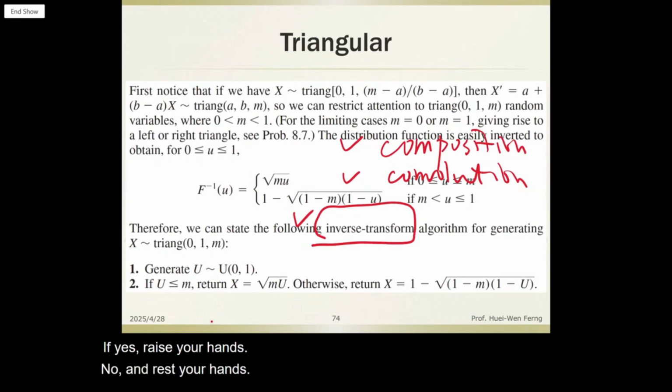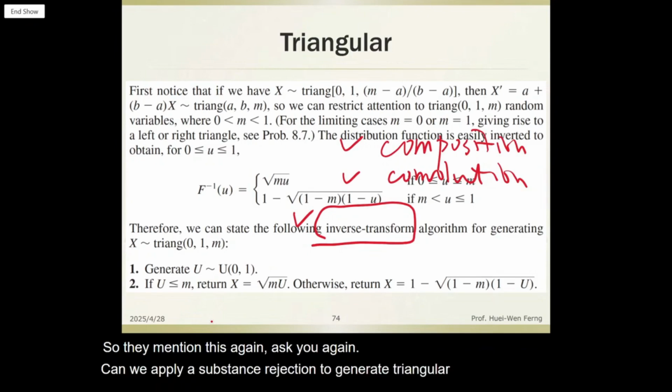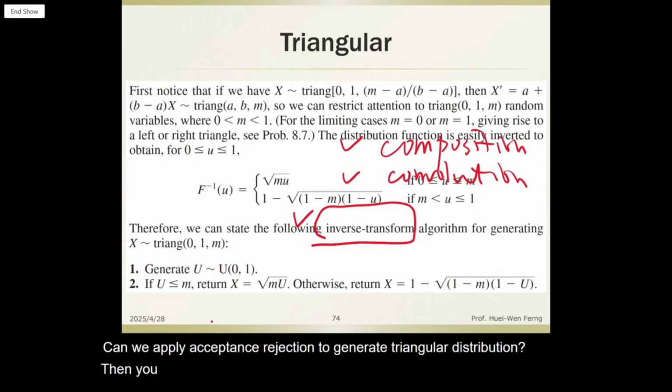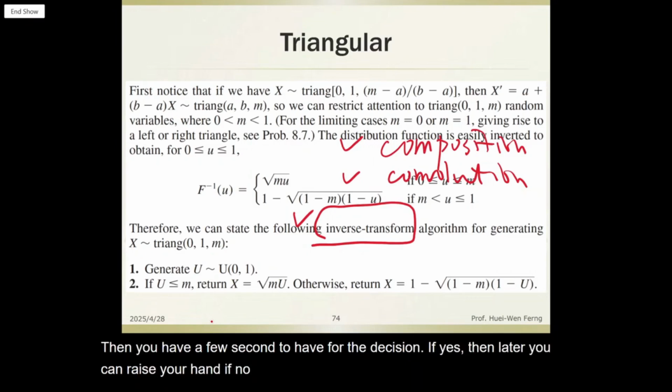So let me ask you again. Can we apply a substance rejection to generate triangular distribution? Let it have a few seconds to make the decision. If yes, then later you can raise your hand. If no, sure, you disagree.